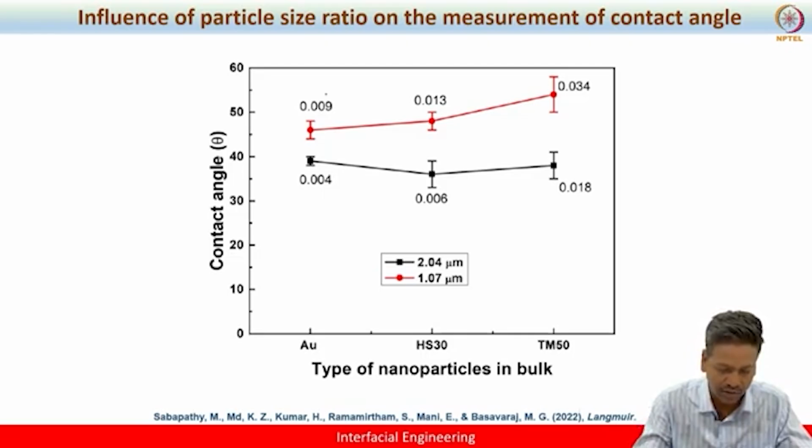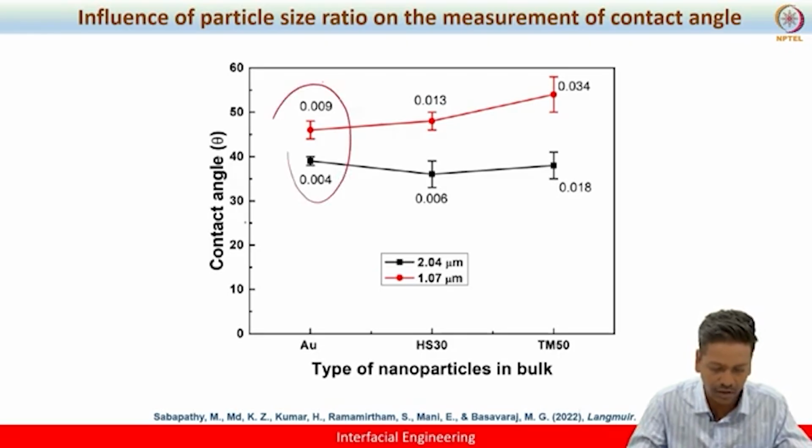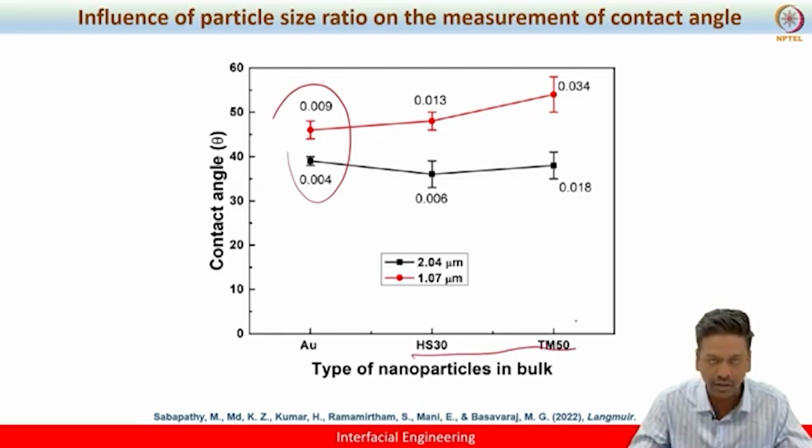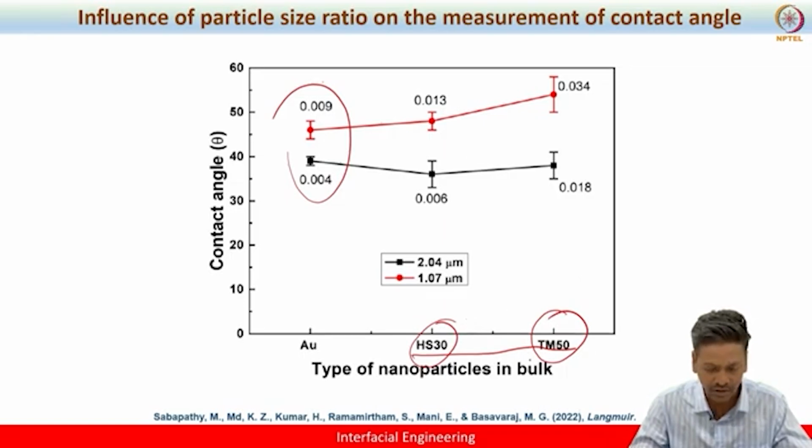So in the case of gold nanoparticle deposition, the nanoparticle size is compared to the silica nanoparticles that we employed. These two are commercial grade, HS30 and TM50. The size of these nanoparticles is different, and what we employed is also different.